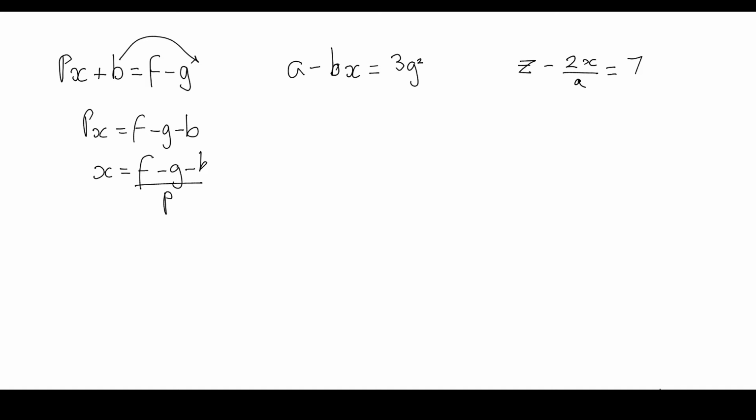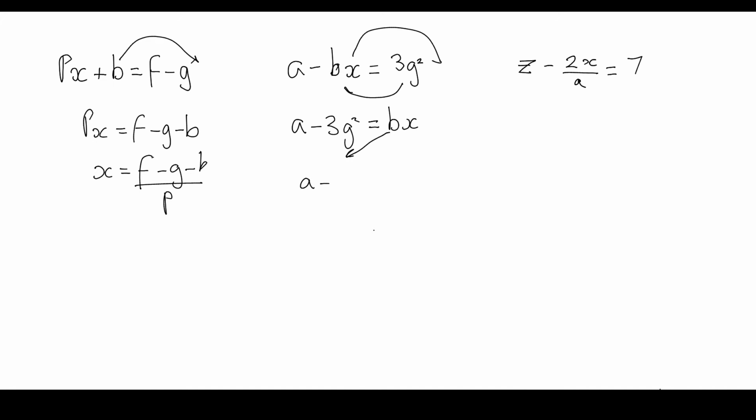And on this next equation, we've got that same problem again where our x term is negative. So we're going to move the x term to this side and the non-x term to the other. So we've got a minus 3g squared equals bx, and then we're going to split the b off by dividing.